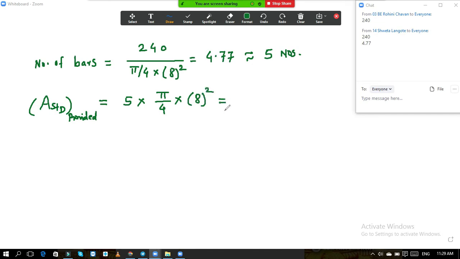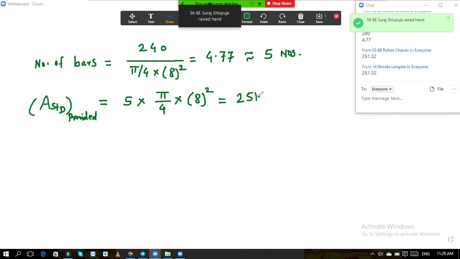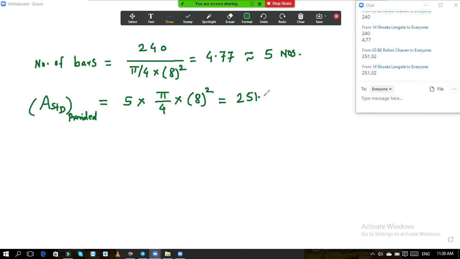How much have we provided? Required is 240 and we are providing it now up to 251.32 mm square. So this is the Ast,D provided.